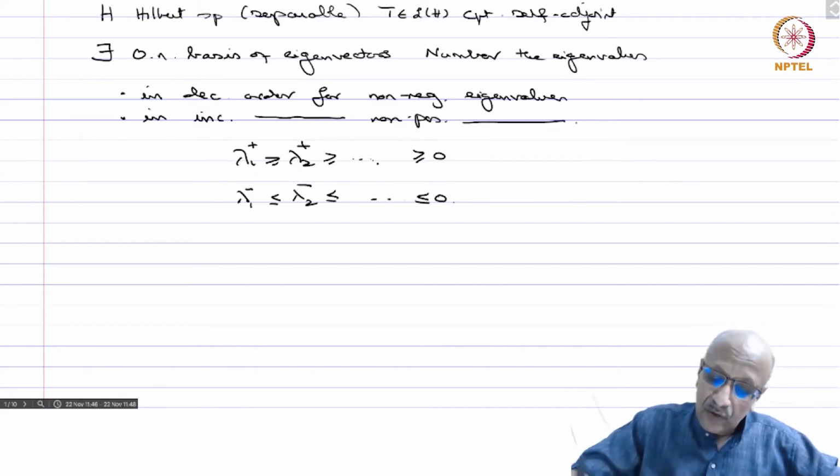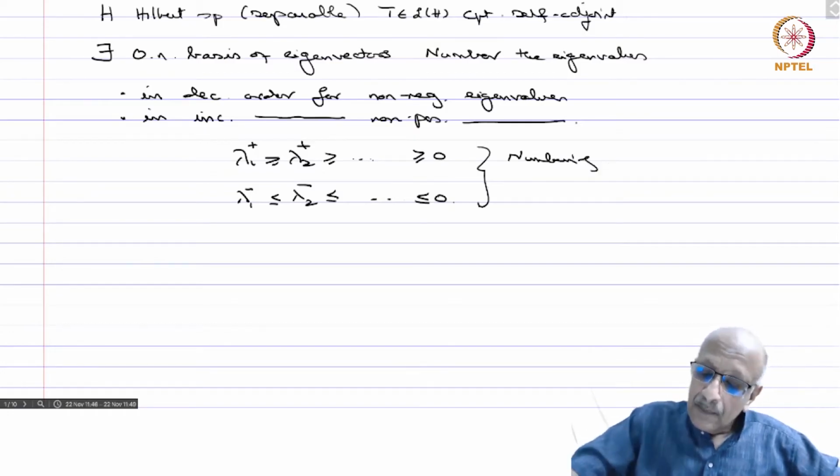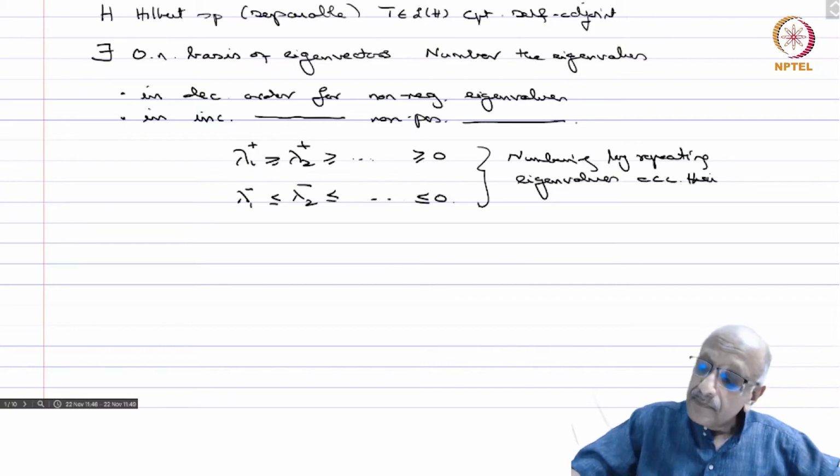So this numbering is by repeating eigenvalues according to their geometric multiplicity.